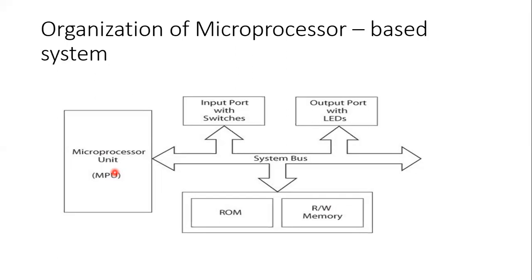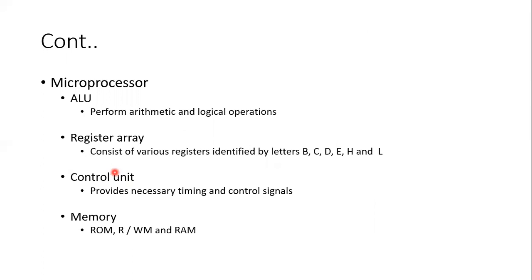Then the register array. This is the area of your microprocessor, consisting of various registers identified by the capital letters B, C, D, E, H, and L. For a 16-bit microprocessor, we combine BC, DE, and HL registers.